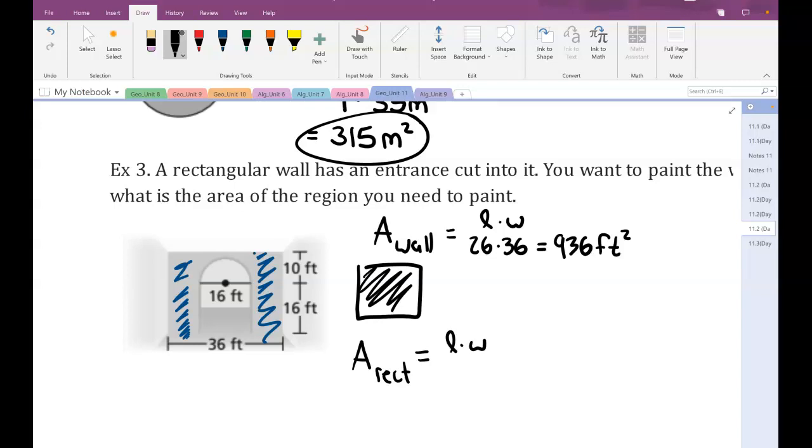The length goes from here to here, so that's 16. Side to side is 16 as well. So both our length and our width are 16. 16 times 16 gives us 256 square feet. So that's the area of our rectangle.